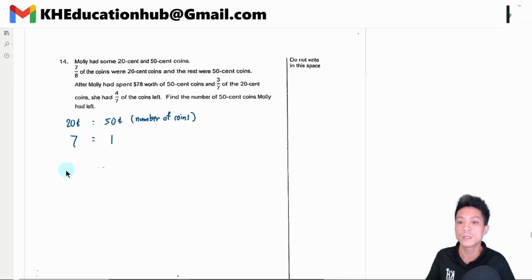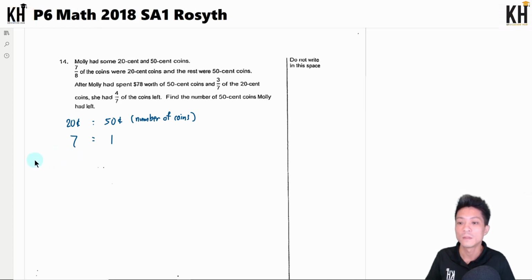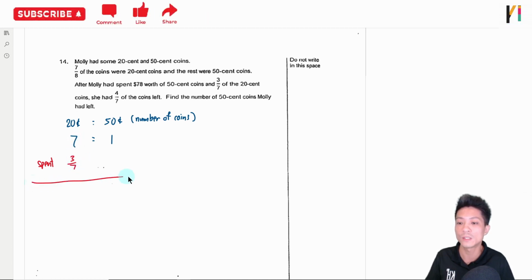So I'm going to write down what was spent. Spend 3/7, so you'll be spending 3 units. Let's write down what's left. You spend 3 units and then you'll be left with 4 units.